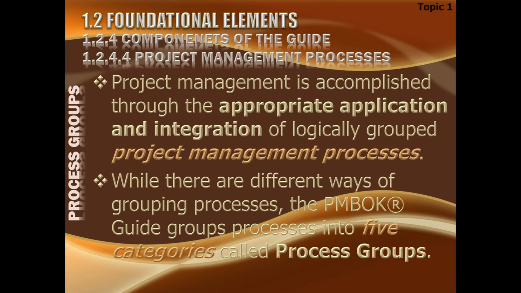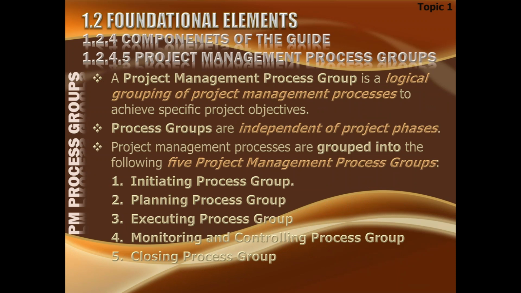Project management is accomplished through the appropriate application and integration of logically grouped project management processes. While there are different ways of grouping processes, the PMBOK Guide groups processes in 5 categories called process groups. This we have already talked about. Initiating process group, planning process group, executing process group, monitoring and controlling process group, and closing process group.